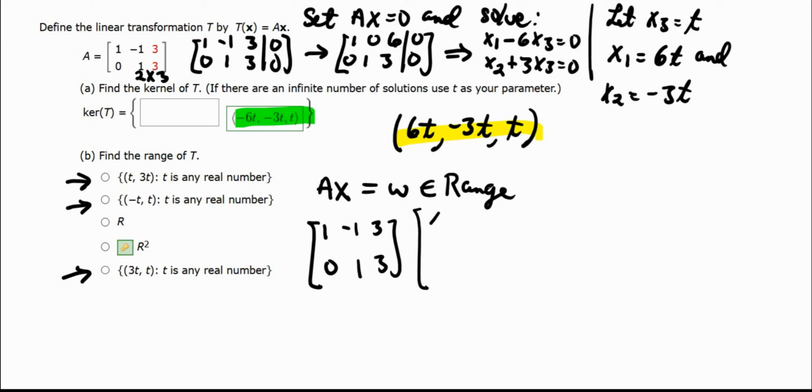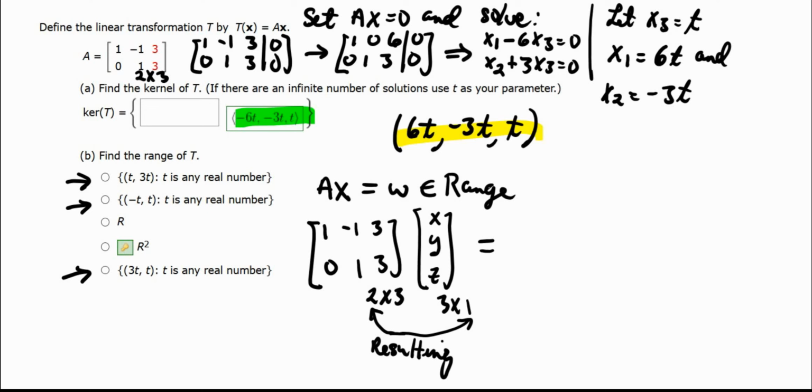So I'm going to call this X, Y, and Z. So this is a 3 by 1. This is a 2 by 3. Look at the size of the result. The resulting size is a 2 by 1.